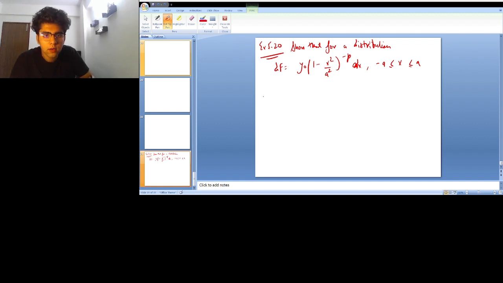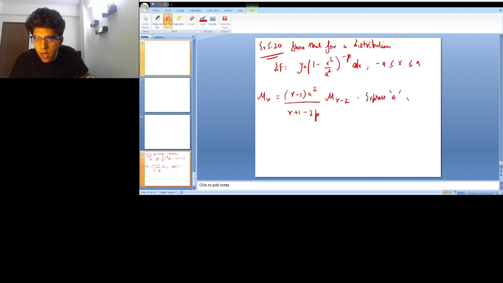We need to show that for this distribution my rth moment with respect to the mean is mu r equals (r minus 1) a square upon (r plus 1 minus 2p) mu r minus 2. Also we need to express a and p in terms of sigma and beta 2.